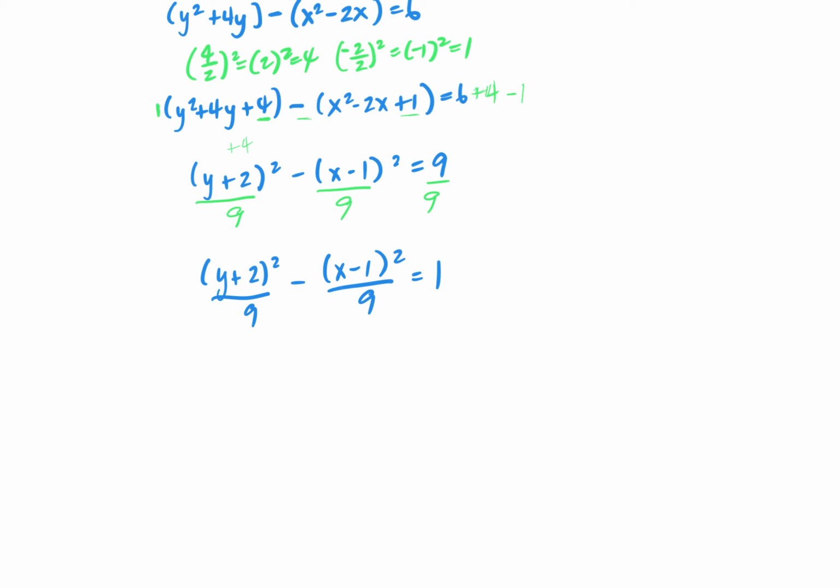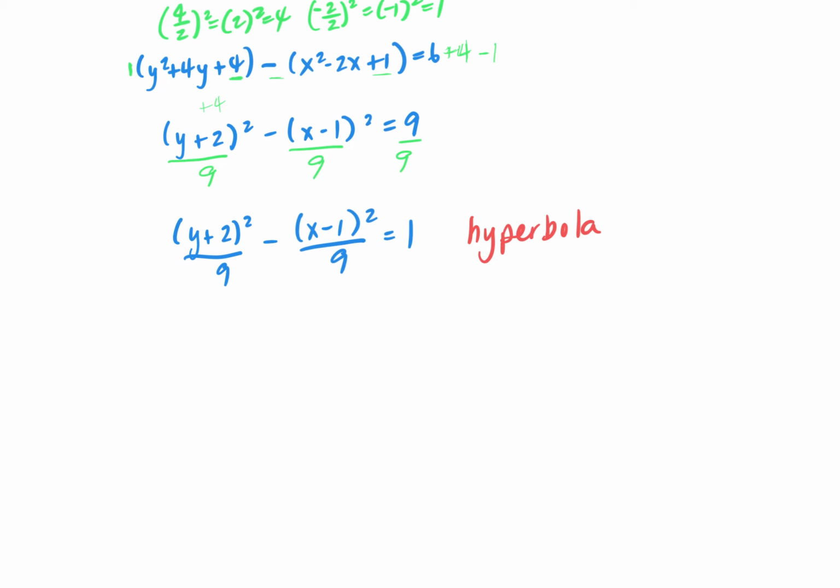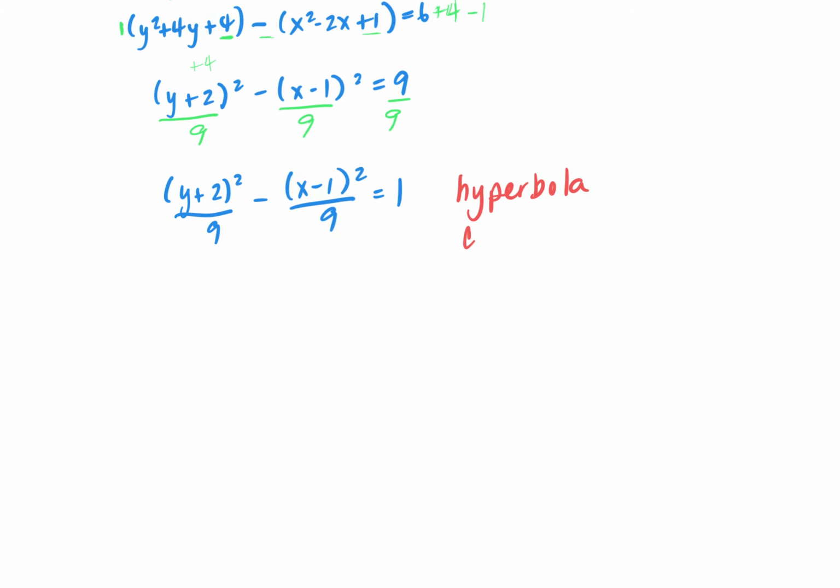So this is a hyperbola because of the subtraction. And since the y comes first, it's going to be vertical, which means when I find my vertices, I'm going to be changing the y value, or that k value. We have a center at (1, -2).